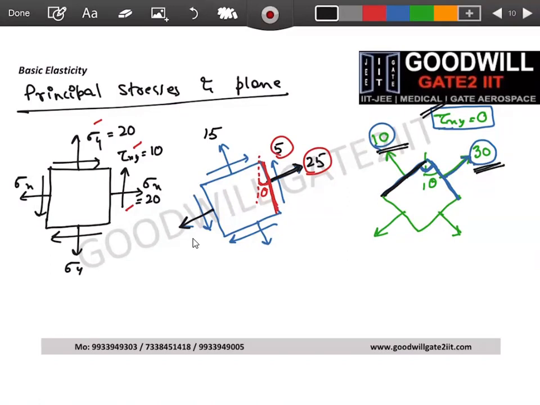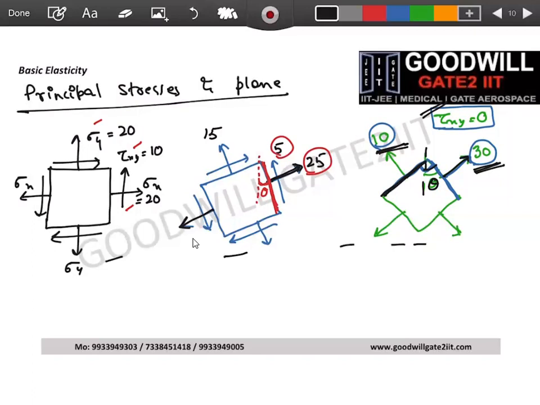What is this plane? This theta is known as the principal plane. And the normal stresses, which are 30 and 10 here, are known as major and minor principal stress, bigger and smaller principal stress. What I'm trying to tell you is, guys, you can rotate it. There are infinite possibilities.